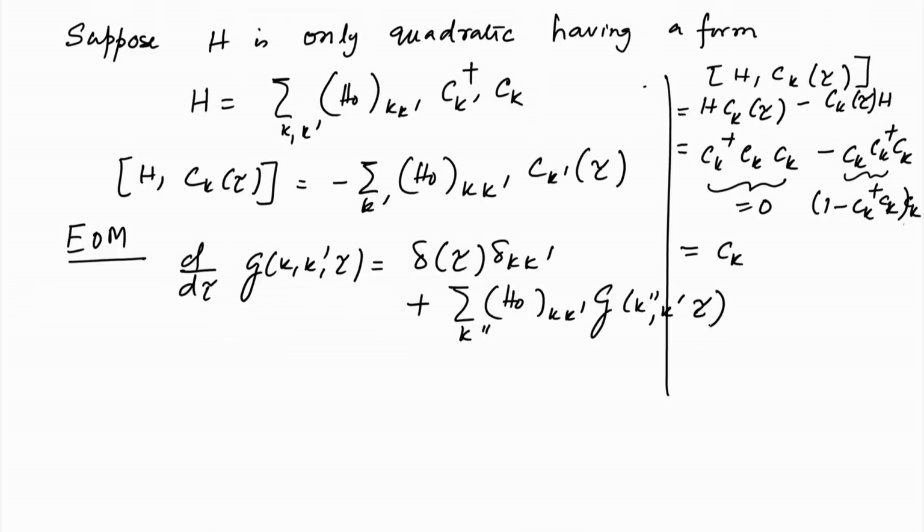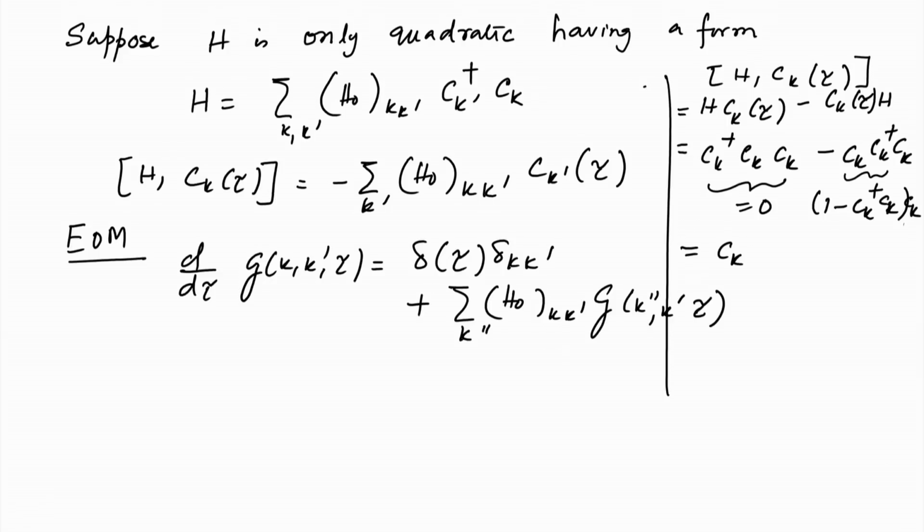So, that is the form of the Green's function or the equation of motion of the Green's function. The first term contains just the delta function, which is operative at tau equal to 0, and it is a diagonal term, such that if k does not become equal to k prime, then that term cancels out, and the other one is the off diagonal term.